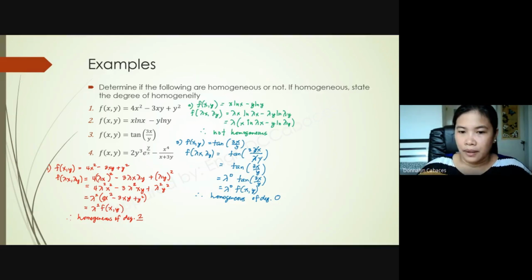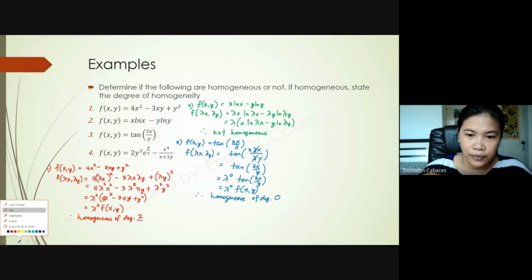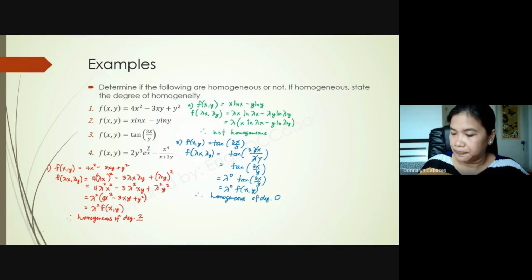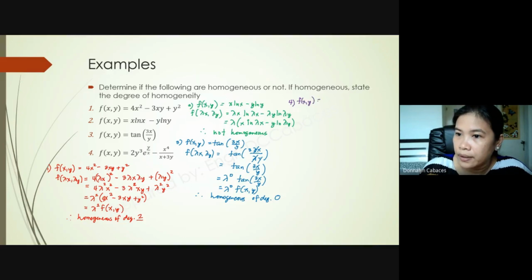Okay? Then let us take number 4, if that is homogeneous or not. Problem number 4, function of xy is equal to 2y cubed e to the y over x, minus x to the 4th over x plus 3y.